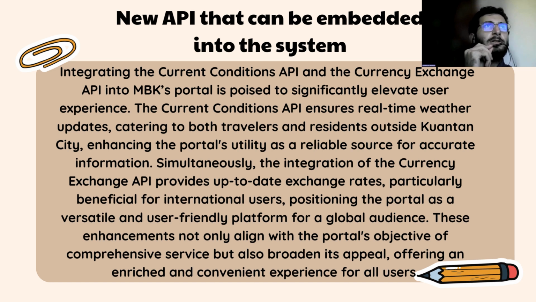And the second API, the currency exchange, is where the user can see the currency exchange prices. For example, if he is planning to visit Kuantan or any other city, he can check the exchange prices in that city and compare them with his own currency.